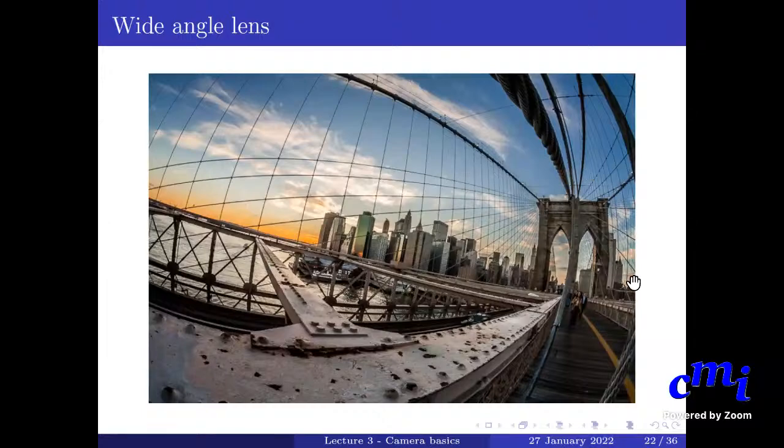You are trying to cover a huge area. This is an image taken with a wide angle lens, and you can see the distortion is absolutely clear here. You can see that straight lines are not straight. So you have a lot of what is called radial distortion in this image.